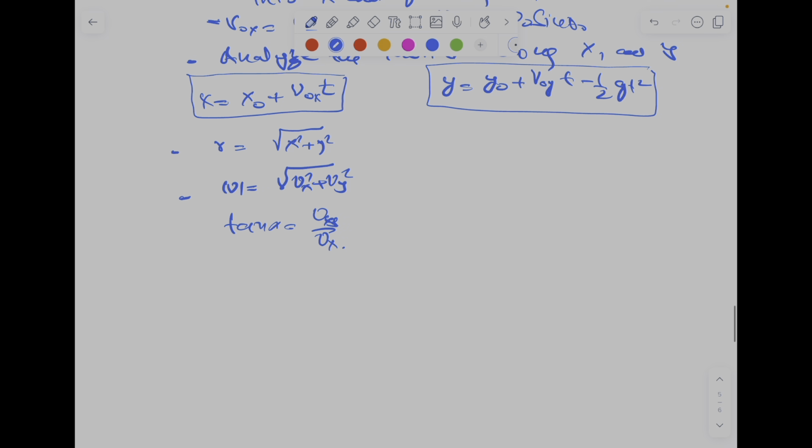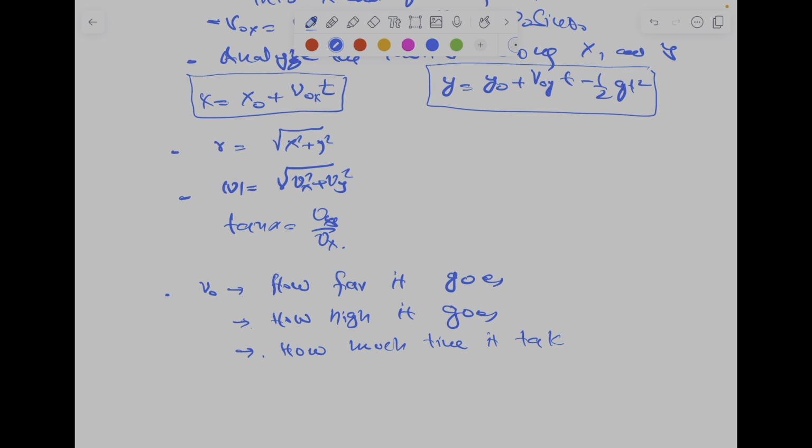And in projectile, what we actually wanted to know is, if the projectile is projected with some initial velocity, we wanted to know how far it goes, then we wanted to know how high it goes, and then we wanted to know how much time it takes from origin to get maximum distance.